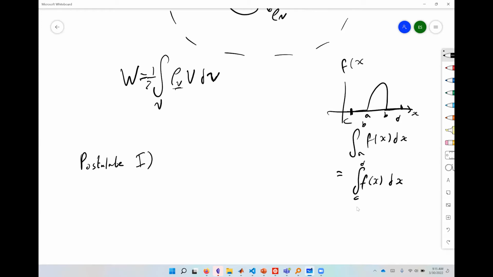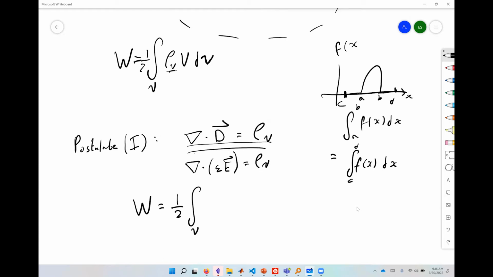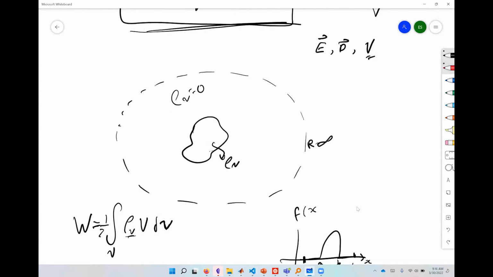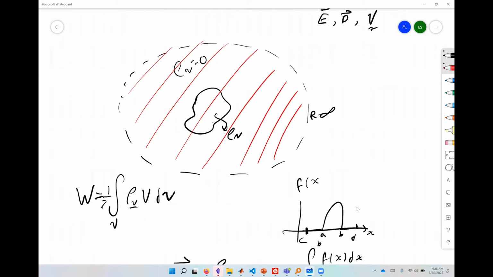So postulate 1 states that divergence of D equals rho V, which is divergence of epsilon E equals rho V. So that means that the energy now is going to be half integration over the whole volume of this thing, which is an infinite volume, but bear with me, assuming we're integrating over all of space.